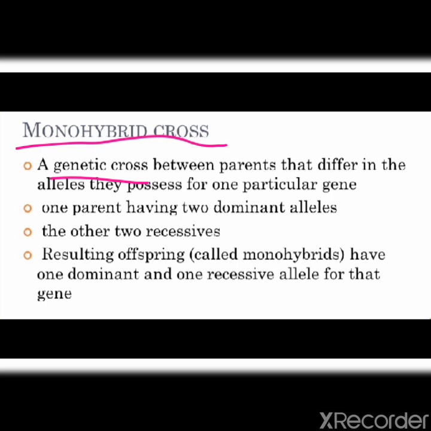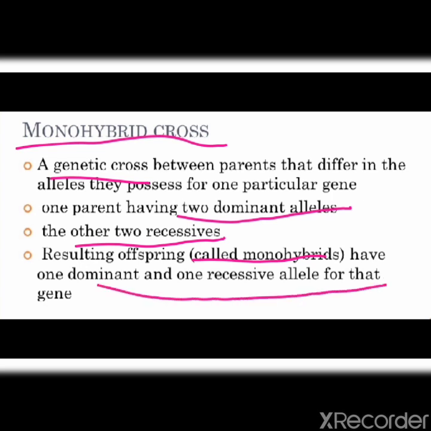Two different parents are crossed, one with black eyes and the other with blue eyes, one parent having two dominant alleles and the other having two recessive alleles. Clear? The resulting offsprings, that is monohybrids, have one dominant and one recessive allele for that gene. One allele comes from the father and the other from the mother.